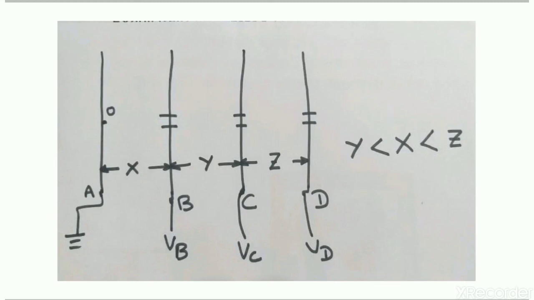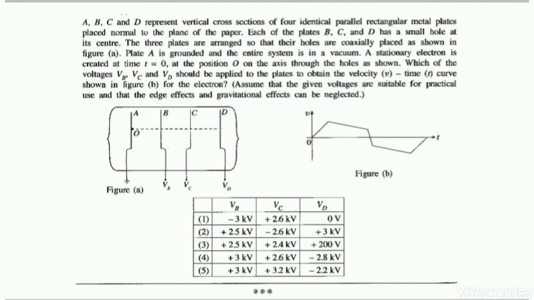If it is on the C plate, the electron will easily move to the C plate from the B plate. So there won't be a deceleration, it will be an acceleration. So for the movement between B and C to be a deceleration, we should have higher voltage on the B plate and lower voltage on the C plate. So the answer is number 4.